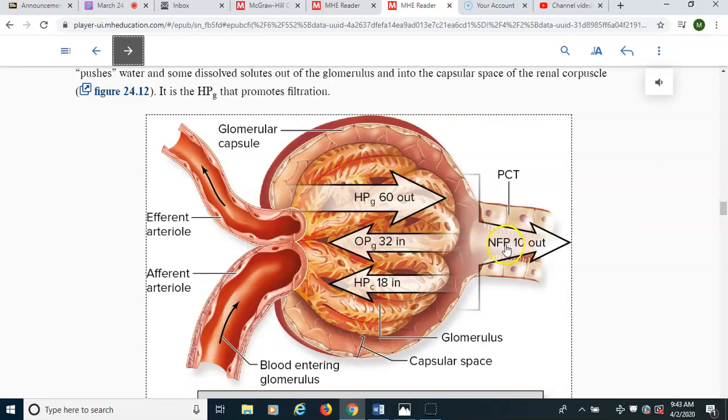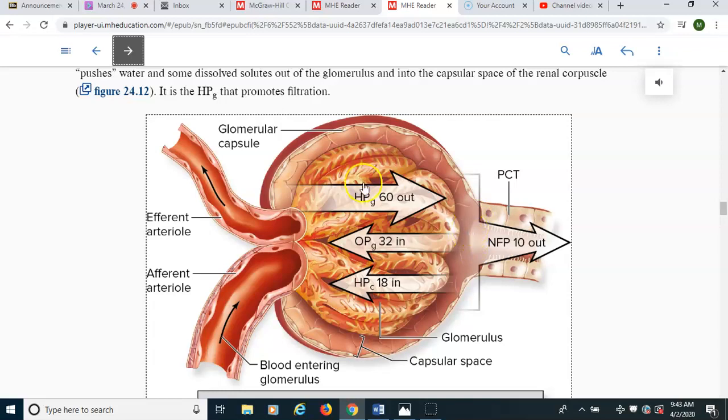All right, but realize that we call it the net filtration pressure. So that's the difference in these pressures, the ones that are opposing each other. So we just take 60 minus 32 minus 18, and then we get this net filtration pressure. So that's the pressure that's required to produce the filtrate, push the plasma components out of those glomerular capillaries, and form that filtrate.